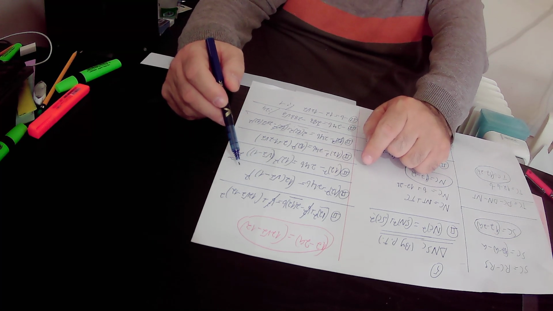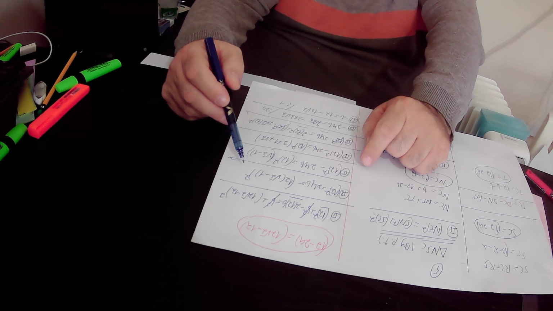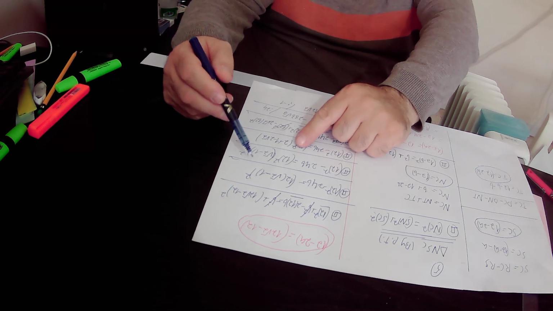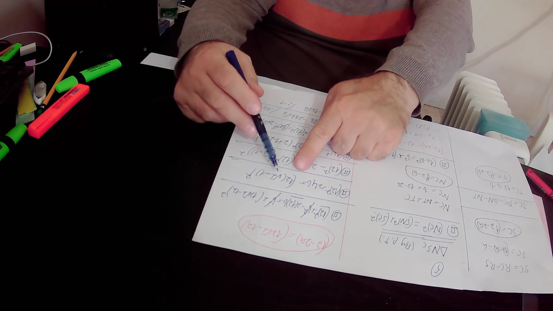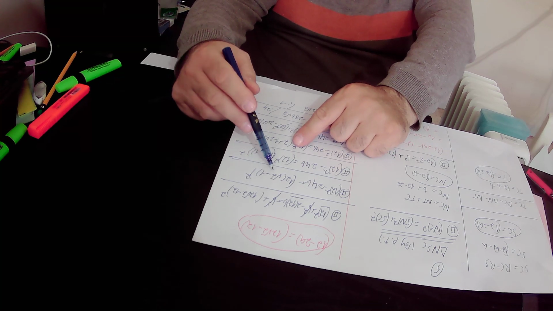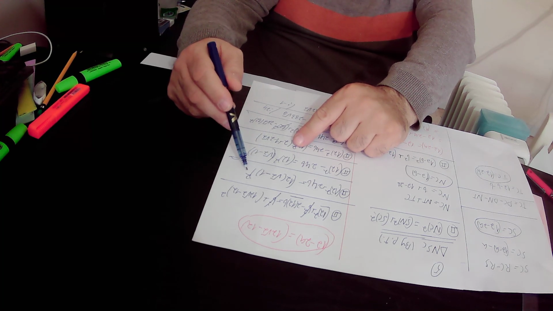So here we have 12 squared minus 24b equals 12 square, and here we have square root of 2 minus 1 square.